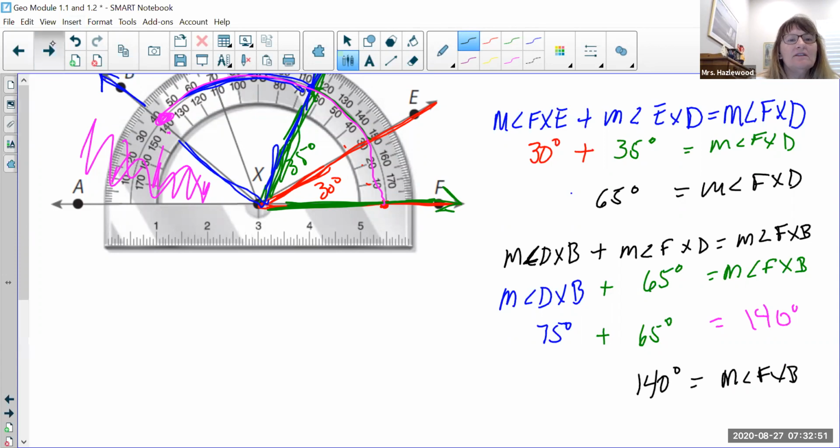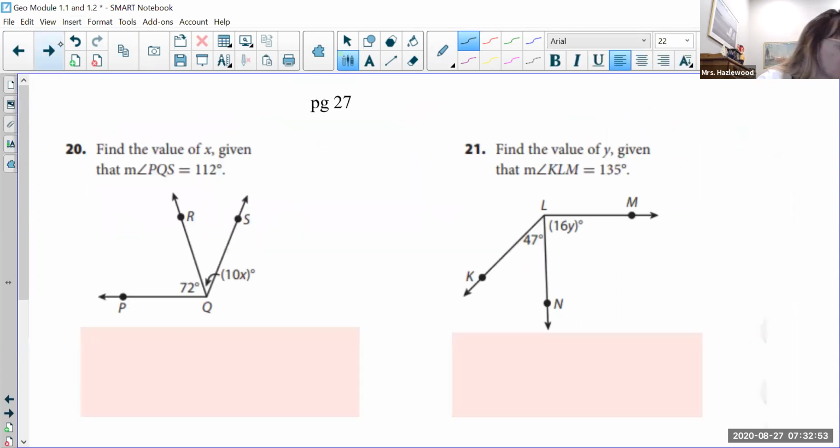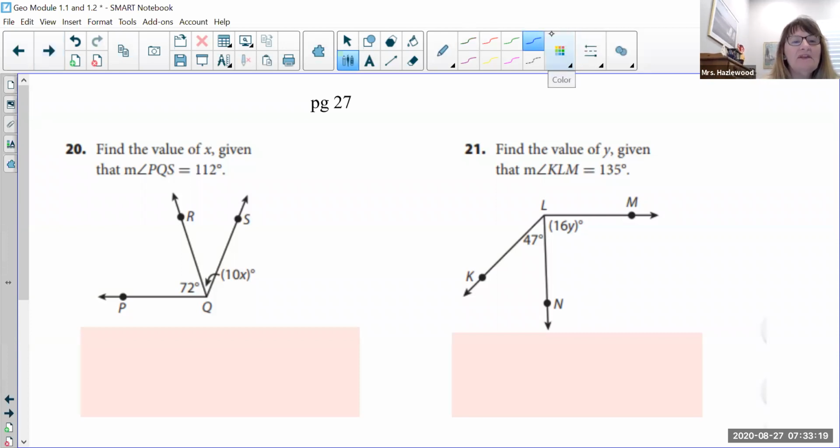All right, so let's now look at number 20 on page 27. This is angle addition, is what these two, 20 and 21, are. I'm going to find x, find the value of x, given that the measure of PQS equals 112. So I need to figure out PQS.